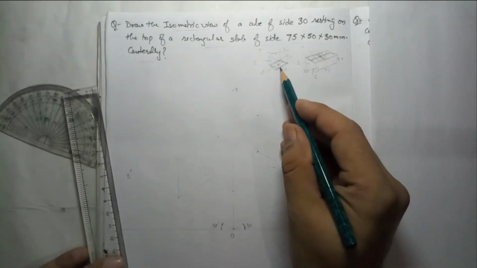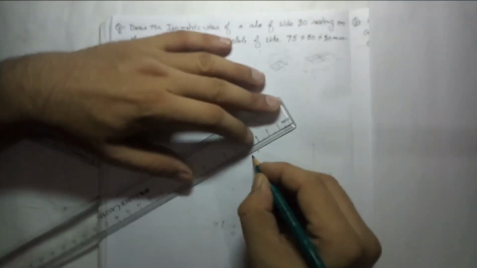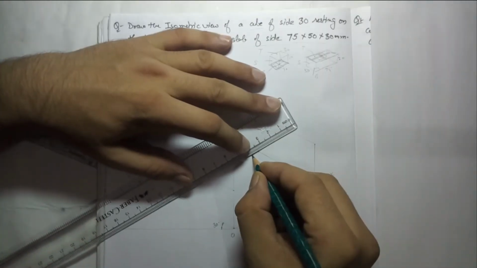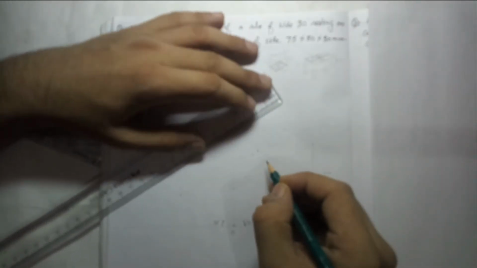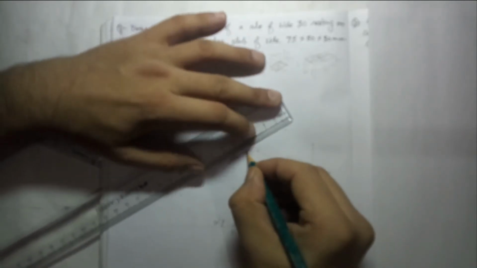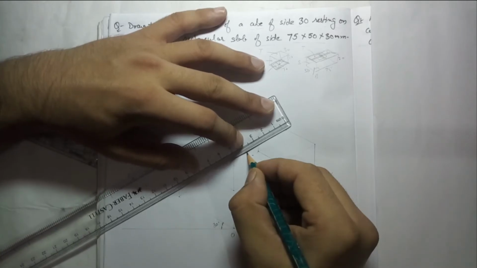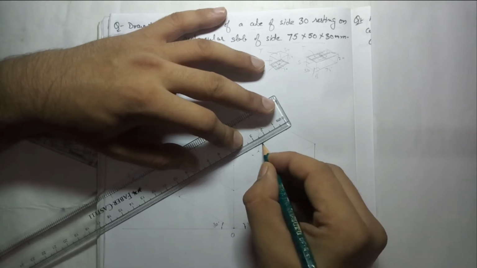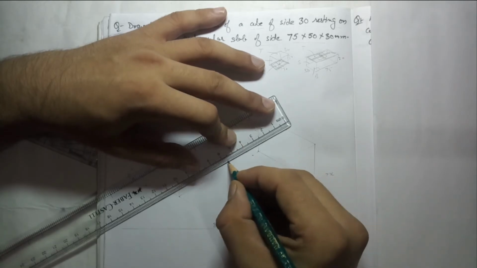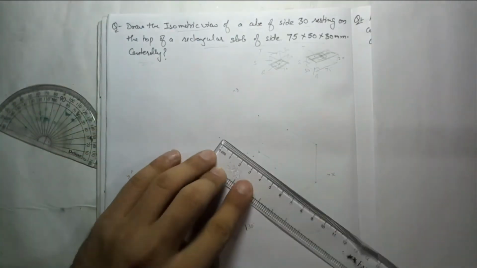I have to place the cube. Now the cube is having side 30. So from this point, if I take 15, 15 on the four center lines, from this point 15 on this side, 15 on this side, 15 and then 15. Similarly on this side.